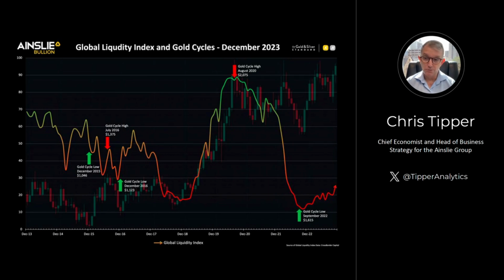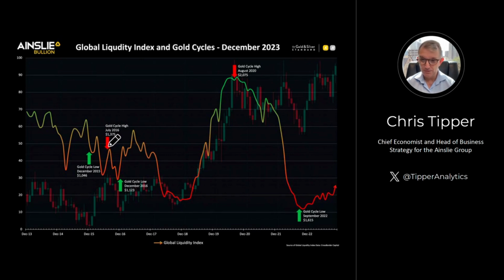So looking at gold first, what I've done in this chart is overlaid the global liquidity cycle for the last decade. That's this line. And we can see that overlaid with the price in the background of gold. So that's monthly candles. And even though it was a little bit choppy in this period, it still performed quite well, that we had the liquidity cycle somewhat low where we saw the gold cycle low.